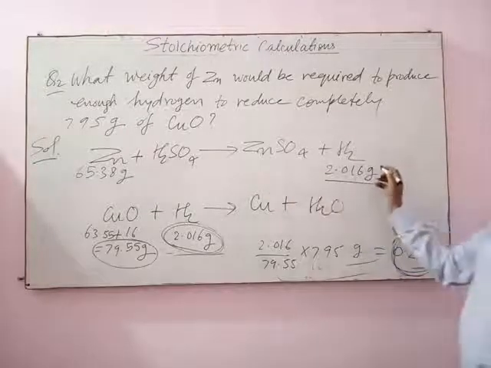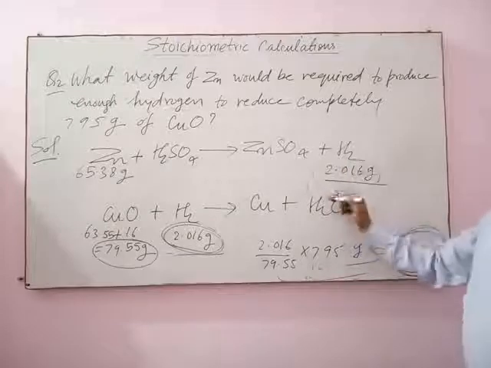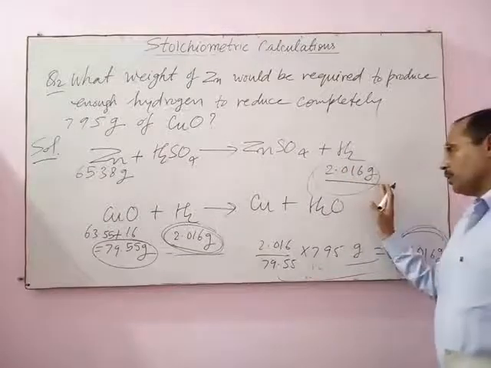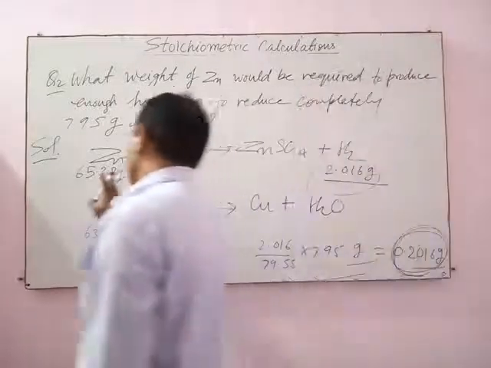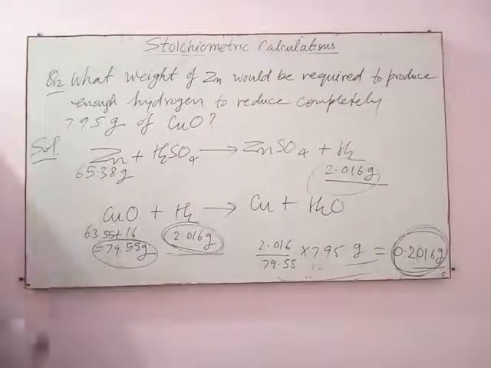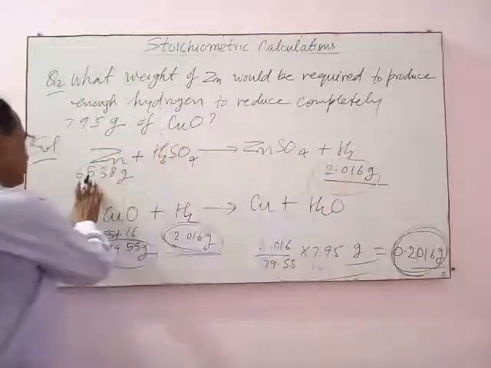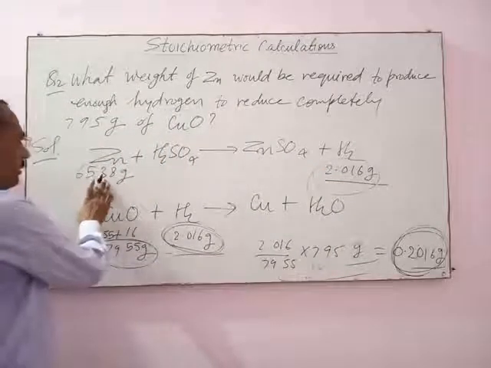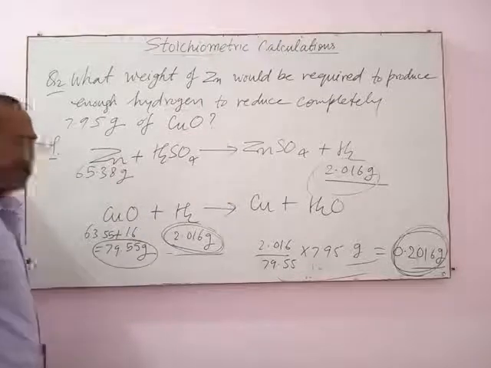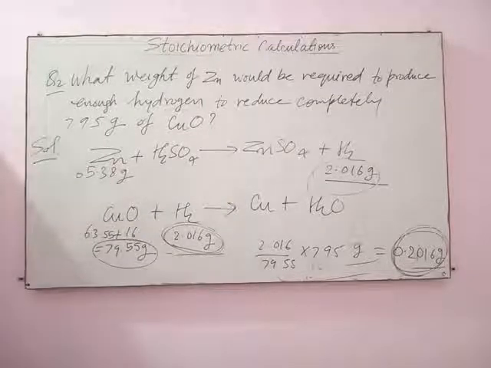It means 2.016 grams of hydrogen requires how many grams of zinc? 65.38 grams of zinc. So 1 gram of hydrogen requires 65.38 divided by 2.016.